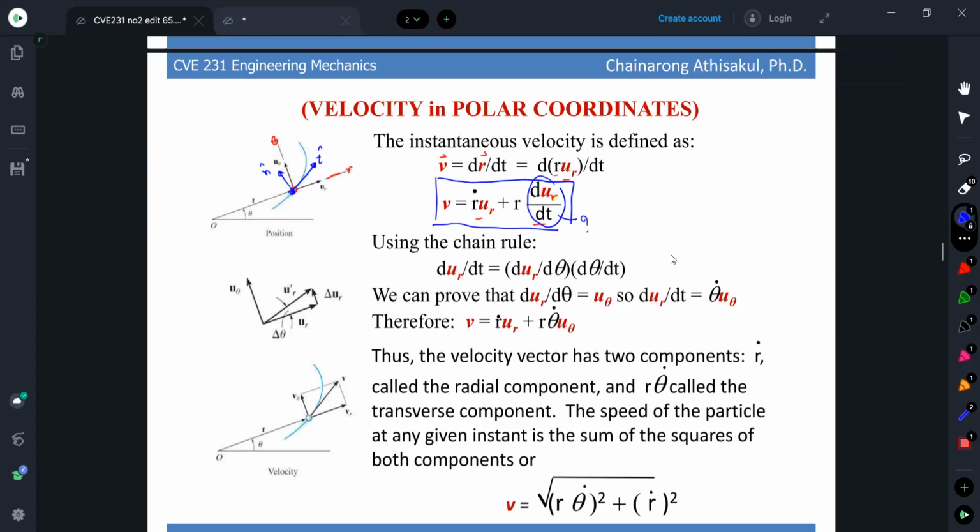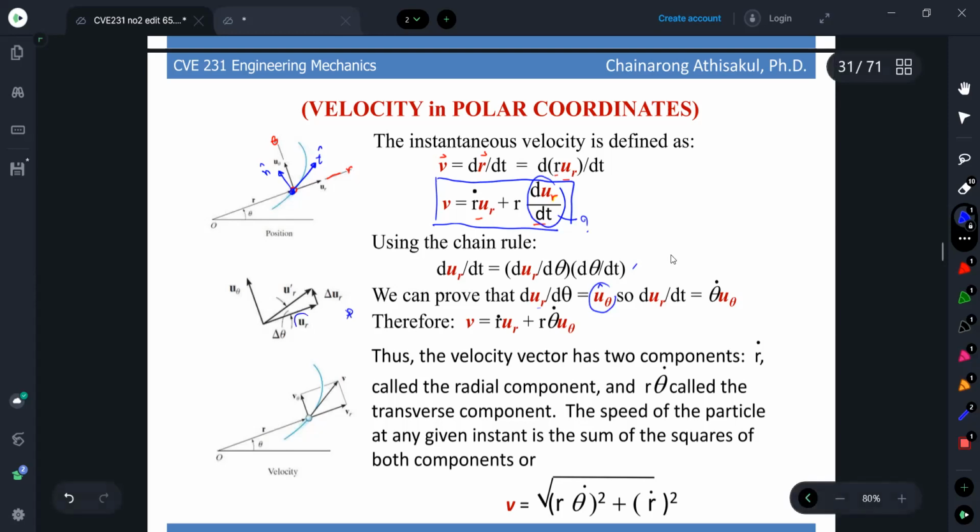When using the chain rule, du_r by dt, we obtain du_r by d theta times d theta by dt, like this. We conclude that the direction of du_r by d theta is in the direction of u theta, by considering this picture.